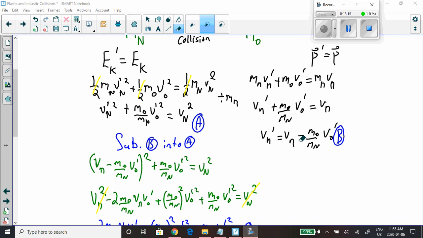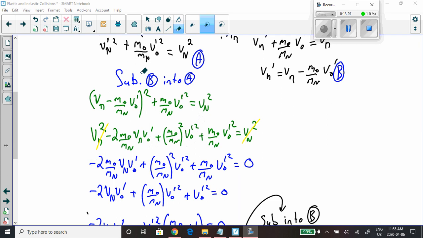And just like in the previous equation, I'm going to substitute B into A. So here is equation A. Here's my Vn prime. I'm going to replace Vn prime with this term right here in B. And that's what I've done. I've put it in.